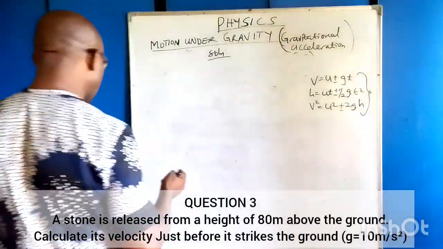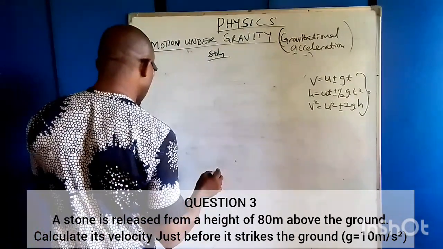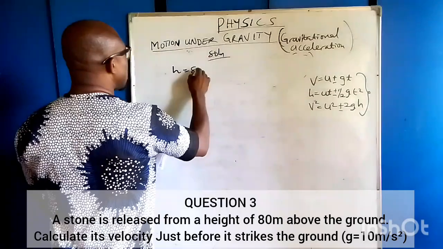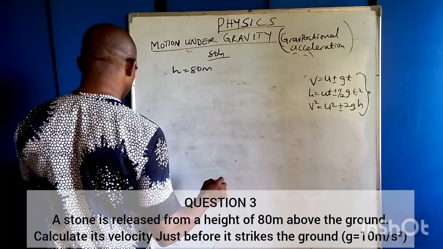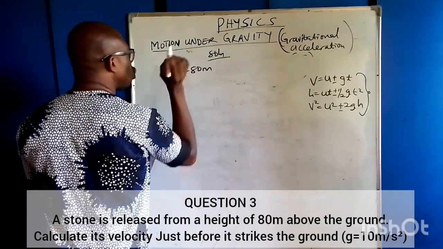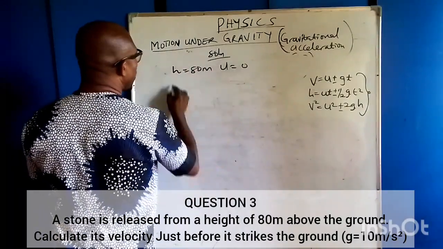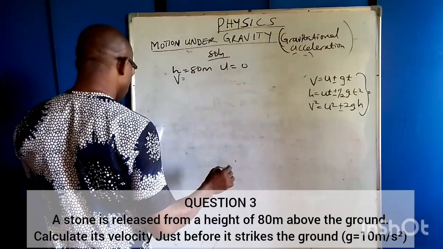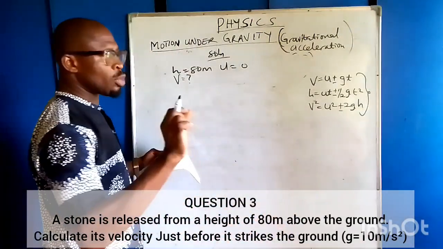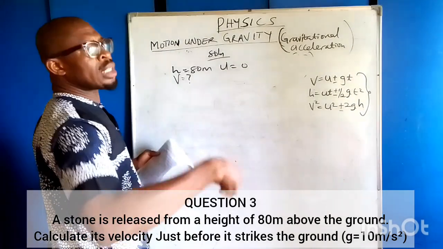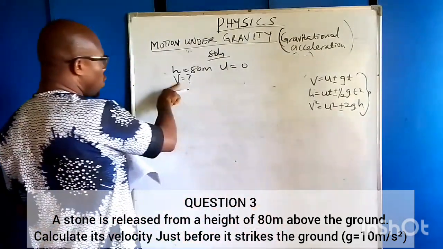Now we have a solution. When a stone is released from a height, the height is 80 meters above the ground. If it is just released, u is 0. Now v is what we are looking for, just before it strikes the ground. Once it strikes the ground, v becomes 0.